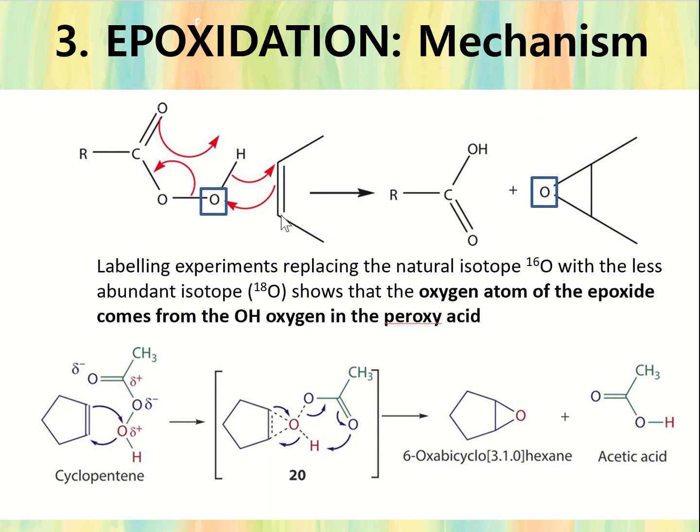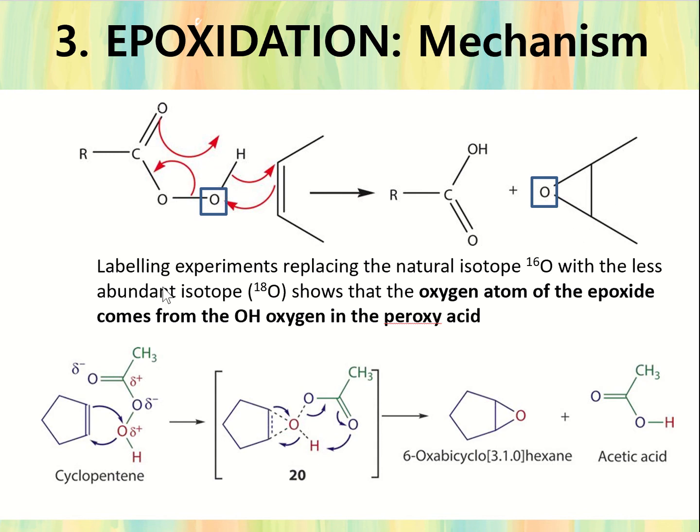While that is happening, a double bond is being formed between this carbon and oxygen. This oxygen-oxygen bond, as we said, is weak, and so it will break. One of these bonds is broken to pick up our hydrogen here. That's how we end up with our carboxylic acid and our epoxide.